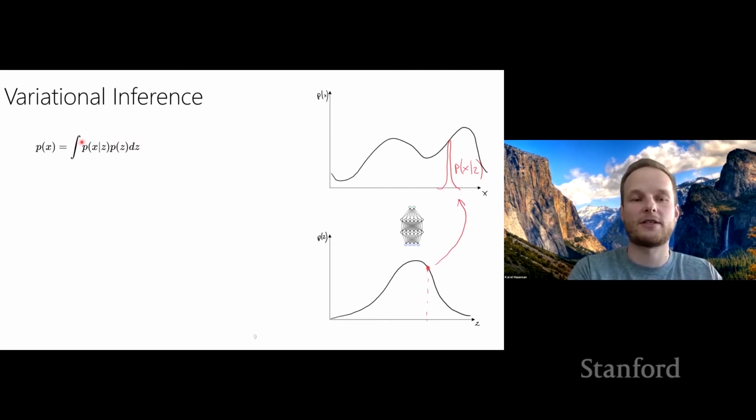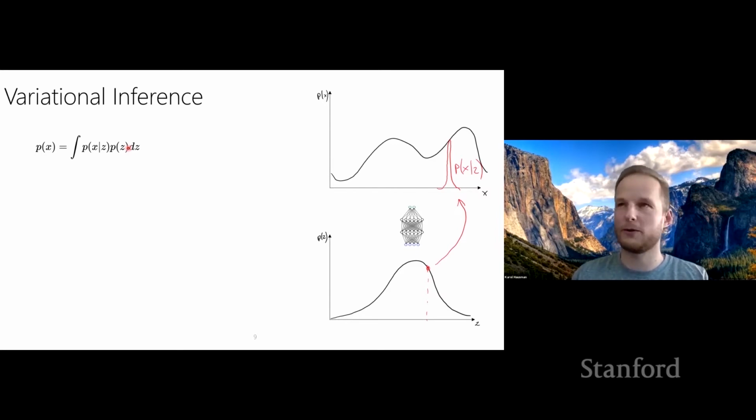This p of x given z is also a Gaussian, and that's relatively easy as well. But what makes that entire equation difficult is that integral over a continuous variable. That makes it intractable. So we need to somehow get our z's, but do it without the integral. And this is where variational inference can be useful.